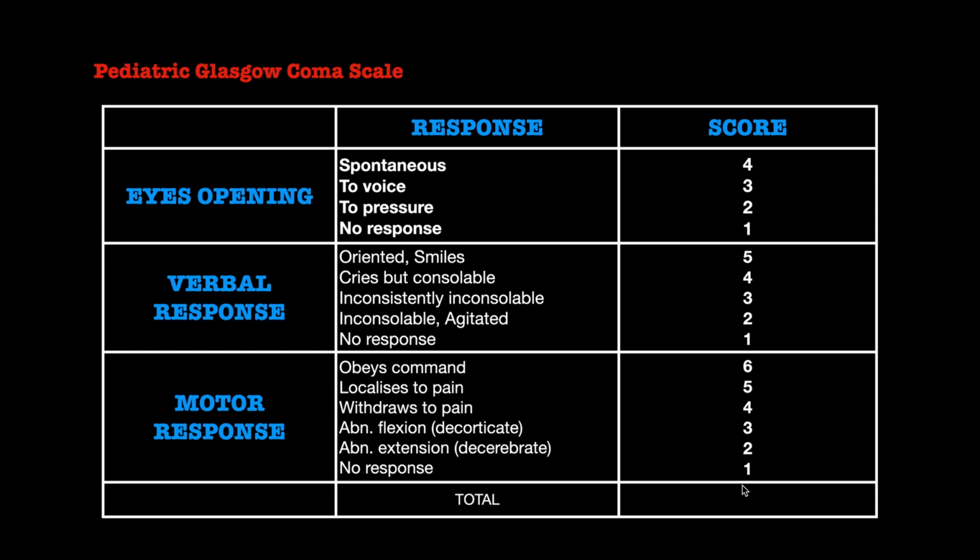Now, based on this, we can also classify head injury in the pediatric patient, and we use the same scoring as in the adult. And so, a Glasgow Coma score of 8 or less reflects the most severe head injury.